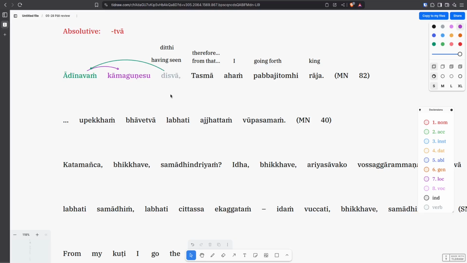Here this is in the plural. Guna becomes gunesu, and this is in the locative, kamagunesu, in them. So in the five types or strands of sensuality. That's right, and therefore I went forth, great king.